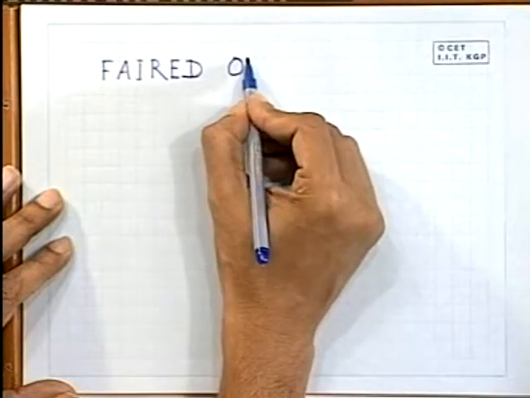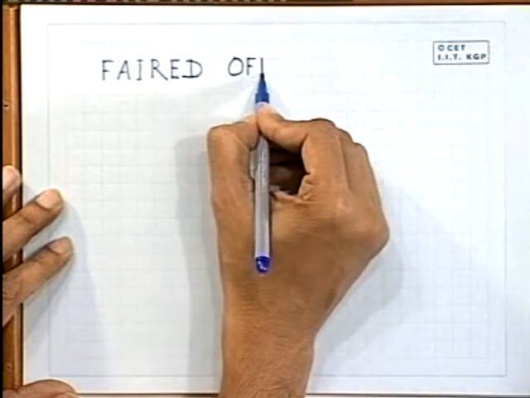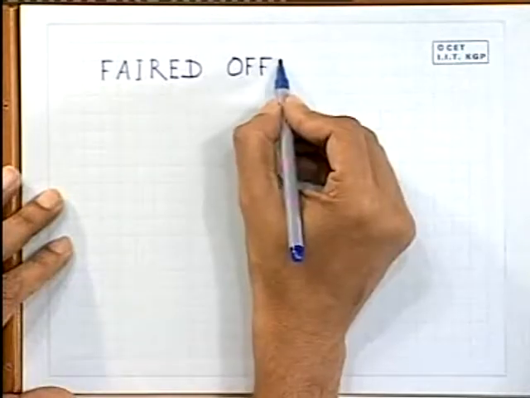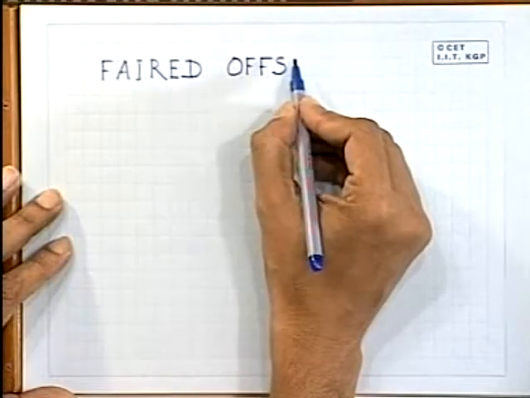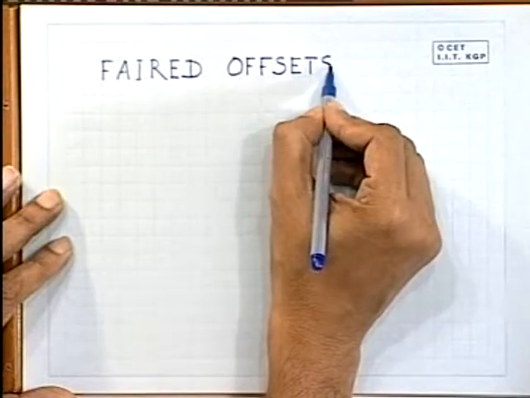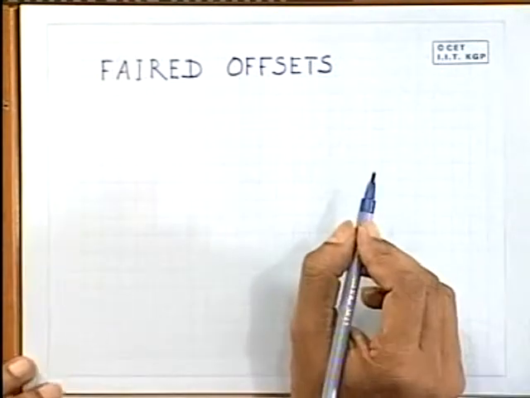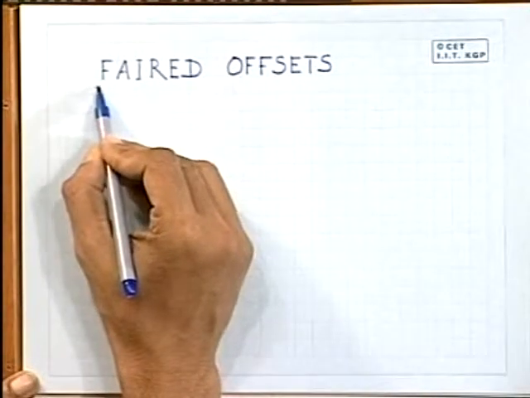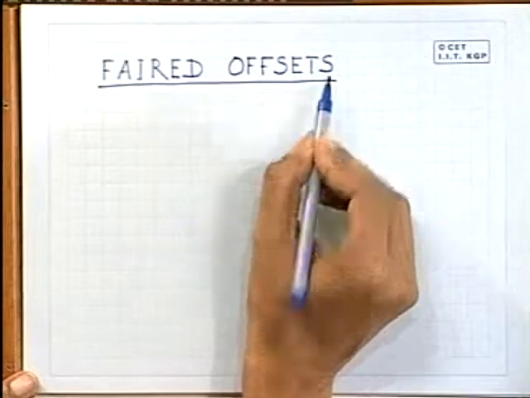So the naval architect has to supply to the shipyard, and of course his data will go via what is called the loftsman. So these faired offsets are very important.